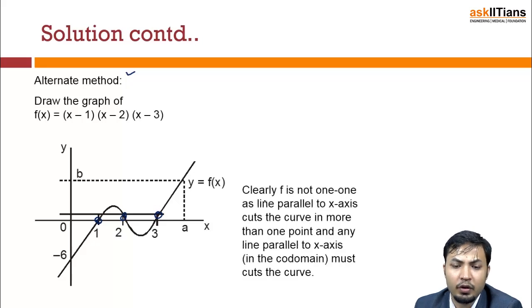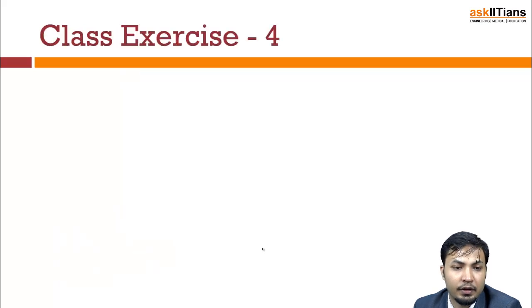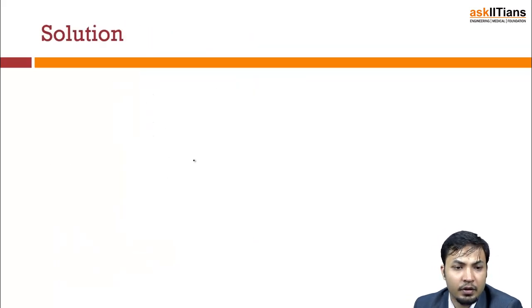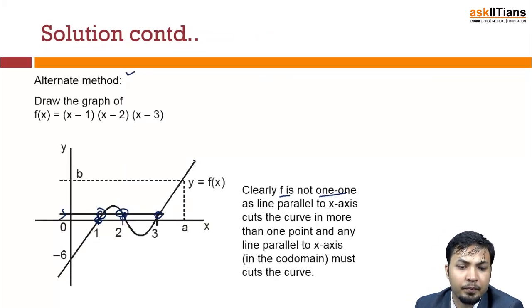So clearly f is not one-one as a line parallel to the x-axis cuts the curve in more than one point. You see this line, it cuts at 1, 2, 3 points. Therefore, I have that clearly this is an onto function, and not one-one.